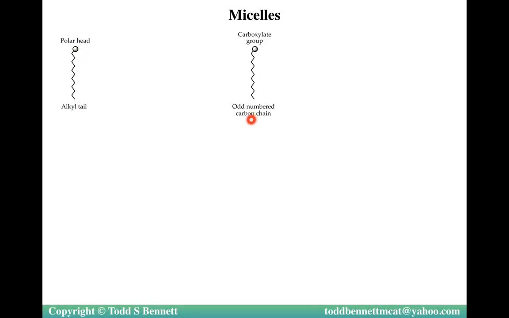Mention its odd number. That is completely irrelevant, but I want to bring up why I'd even bother putting that in there. Naturally occurring fats, as you perhaps learned in your bio courses, typically come from acetyl-CoA, a 2-carbon species. So when you build fats, it's 2 plus 2 plus another 2 plus another 2 plus another 2.